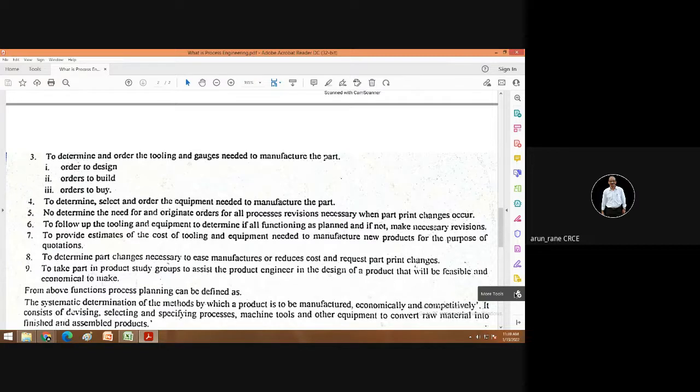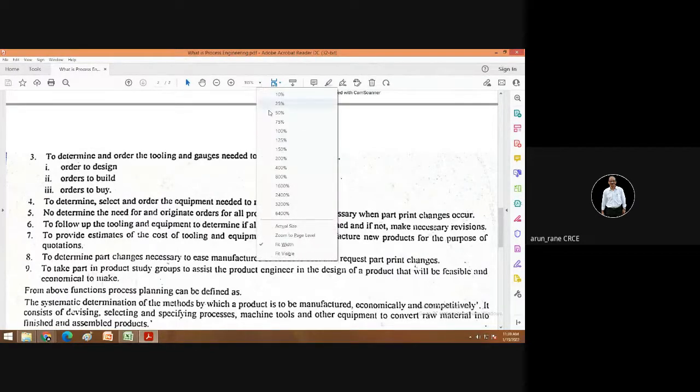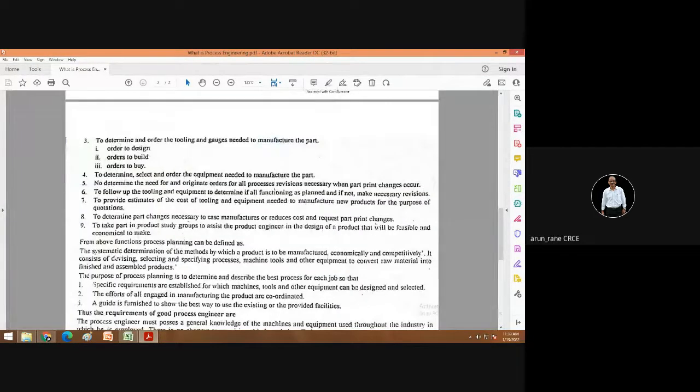Then to determine the need for and originate orders for all process revisions necessary when part changes occur. If there is any change or modification done by the product engineer, then accordingly he has to change the processes.